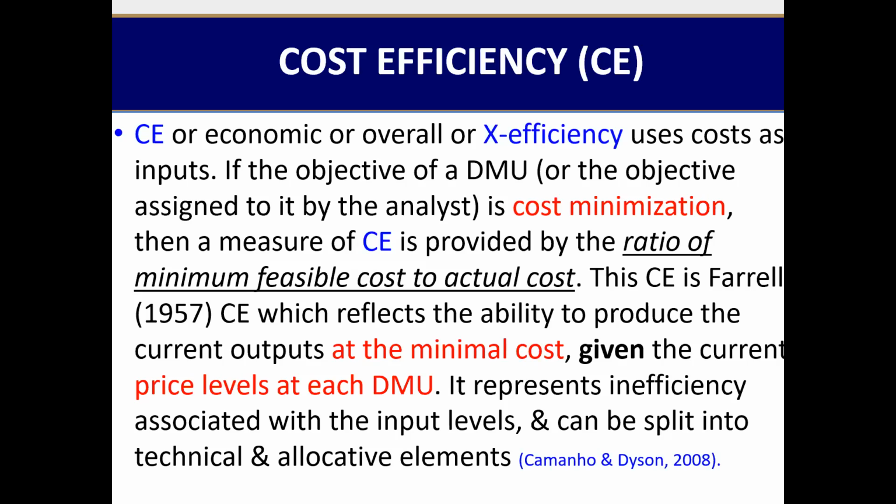Today, I want to look at cost efficiency. Remember that we indicated that technical efficiency is efficiency attributable to managers' performance, managerial acumen. So sometimes we even call it managerial efficiency. Now, X efficiency uses cost as the input. And the idea is that a particular firm is going under the world of cost minimization.